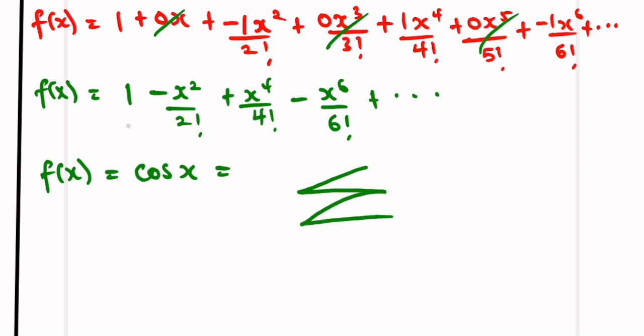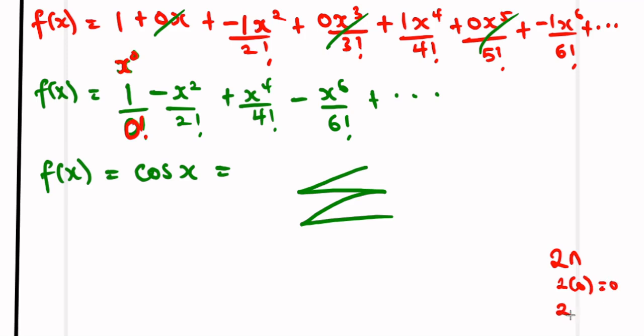Now, let's call this over 0 factorial, and this should be x raised to the power 0. So x raised to the power 0 over 0 factorial. Now we can see that the denominators are even numbers, and also the powers of x are even numbers. So for even numbers, we can use 2n. Let's try. When n is 0, we get 2 times 0 to be 0.